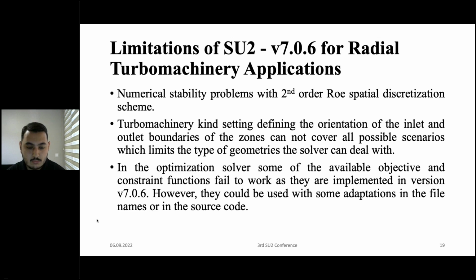The turbomachinery kind setting in SU2 limits the user in what kind of geometries they can solve with SU2. And in the optimization solver, some of the available objective and constraint functions didn't really work out of the box. However, with some little adaptations, they became functional.